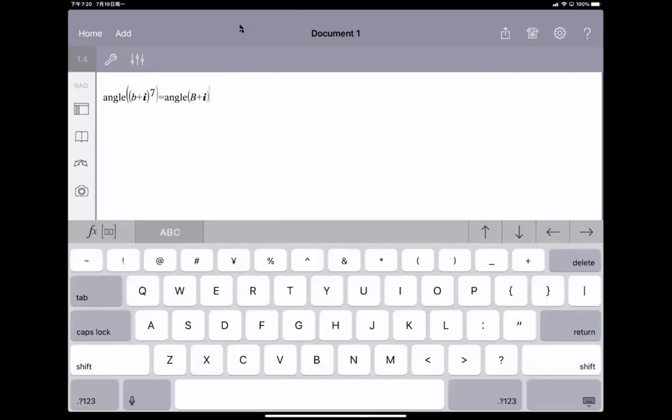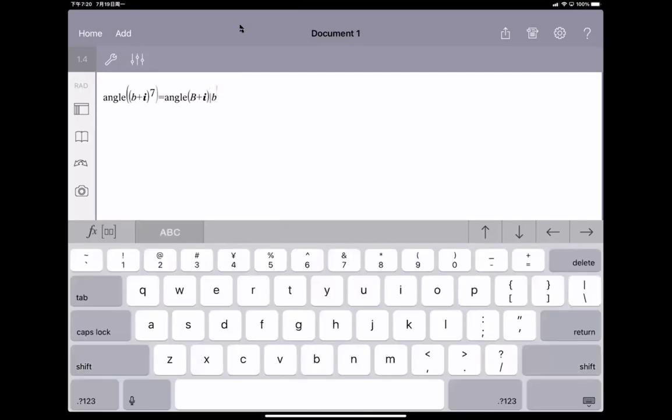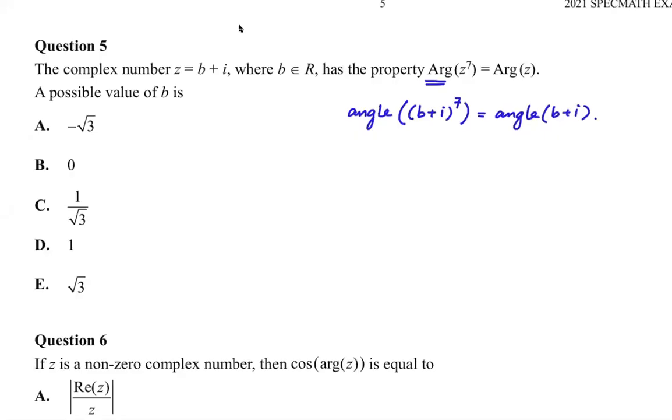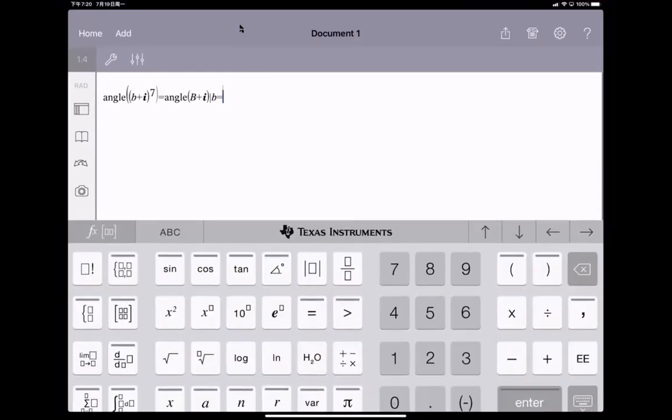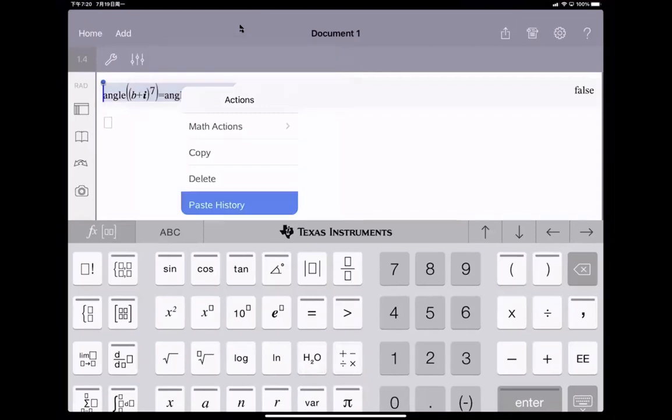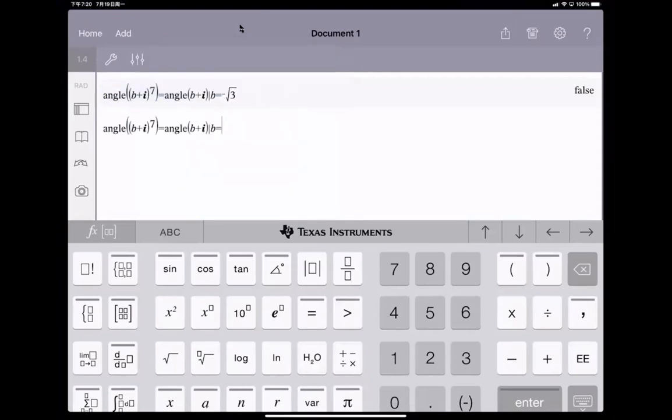Then I should sub in each option. Let's start with the first one. The first one is minus root 3. Let's try with b equals minus root 3. False. So the left-hand side is not equal to the right-hand side. Let's paste the history, but change the last bit.